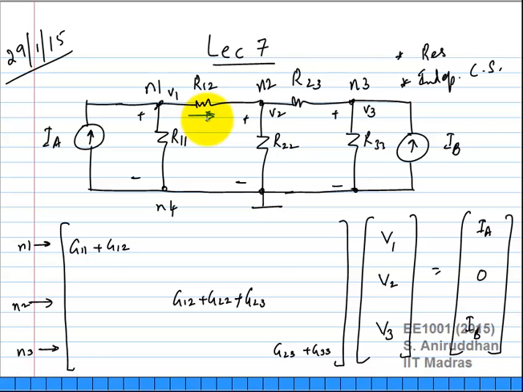That current shown in blue would have been V1 minus V2 by R12, or G12 times V1 minus V2, right? So in other words, this term would have a minus G12 element. Okay, this term in the conductance matrix would be minus G12.